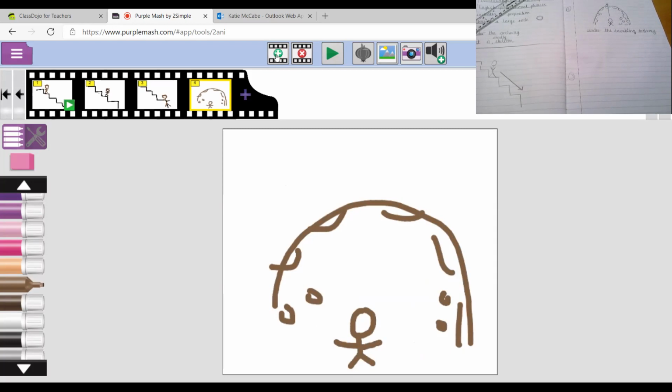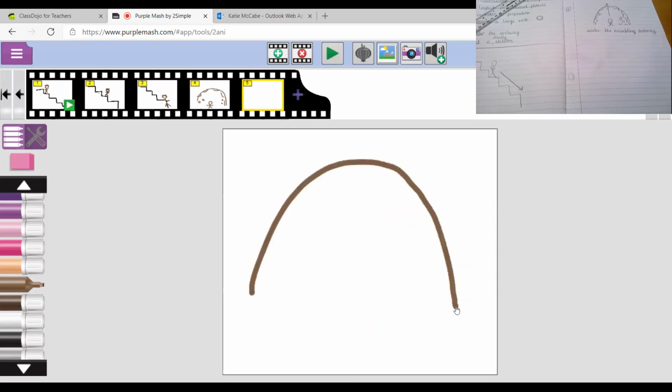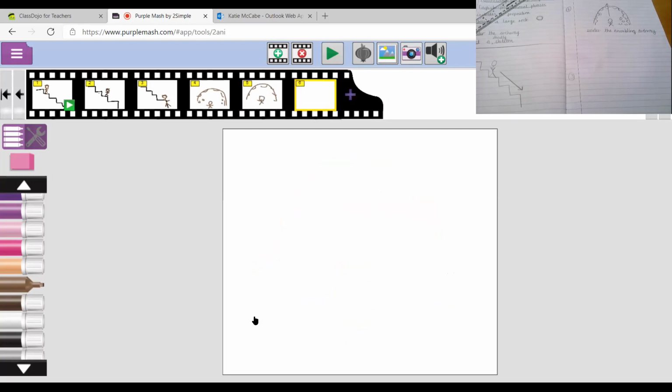Now my next frame is going to show Theseus now moving underneath the crumbling archway. My next frame is going to show him moving even closer underneath the crumbling archway.